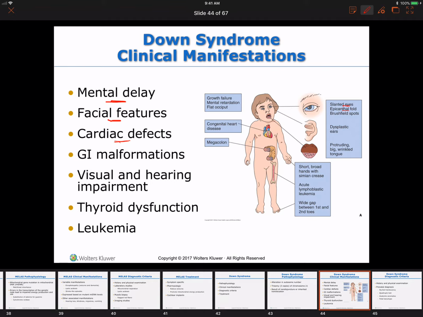We'll talk about this in the cardiovascular system. GI malformations, hearing, visual problems, thyroid dysfunction, and the risk for developing certain leukemias, that's white blood cell cancer, would increase in individuals with Down syndrome.